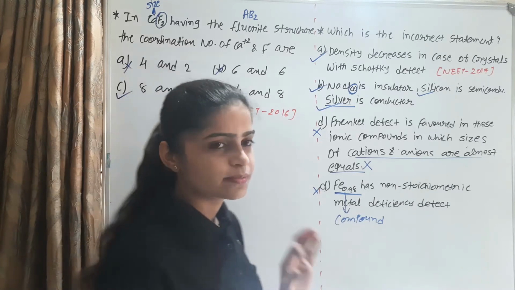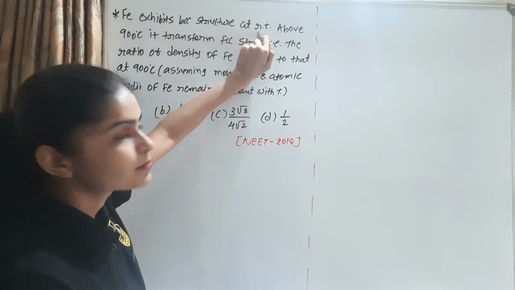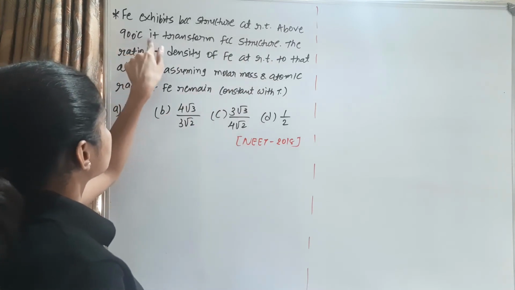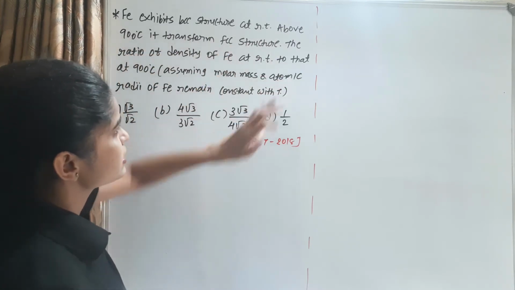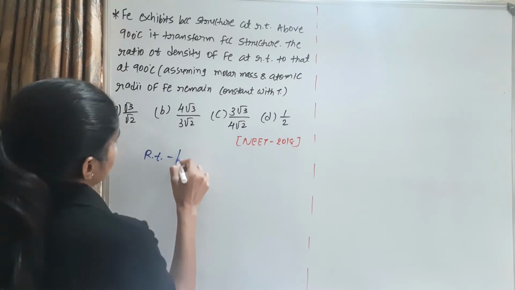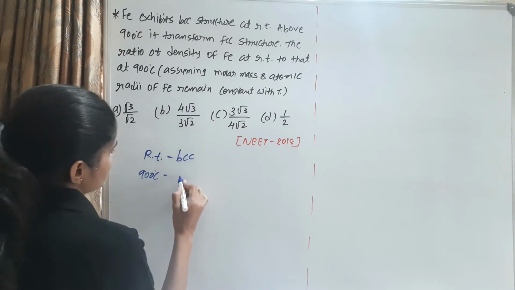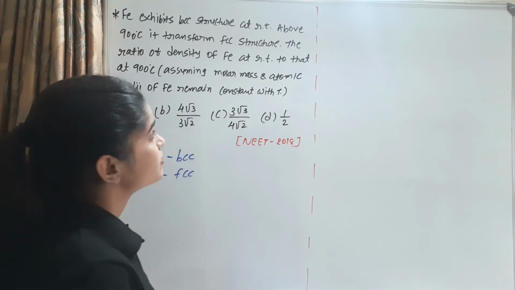It exhibits BCC structure at room temperature. Above 900 degree, it transforms to FCC structure. First, at room temperature it's BCC structure, and at 900 degree temperature it transforms to FCC structure.